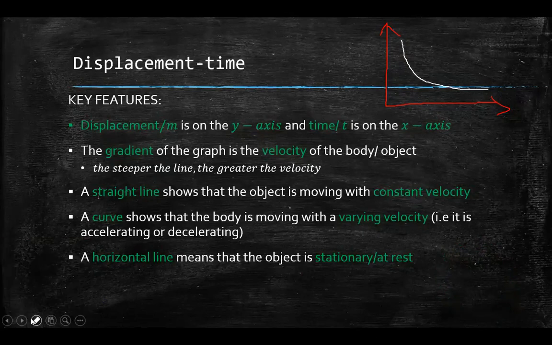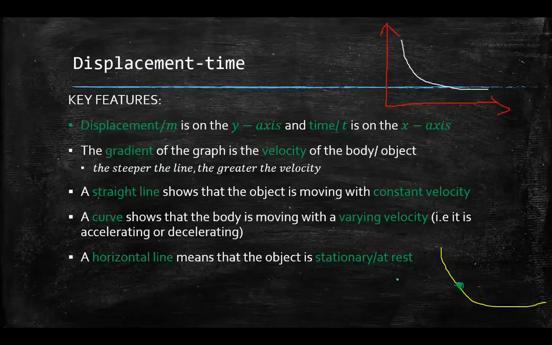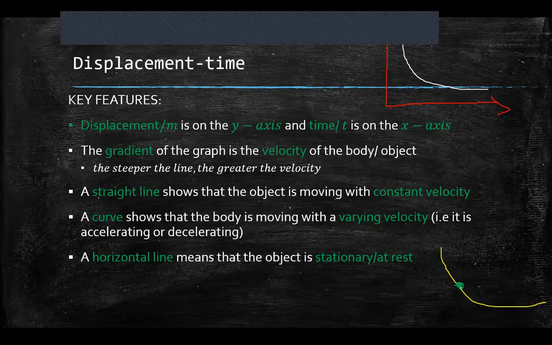Let me just use an exponential curve. So like a curve like that. And I ask you to find the gradient of the curve at this point here, what would you do? This is not a straight line, so I cannot apply the formula m is equal to y2 minus y1 on x2 minus x1. So if I ask you to find the gradient of the curve at this green point, can anybody tell me what you would do?